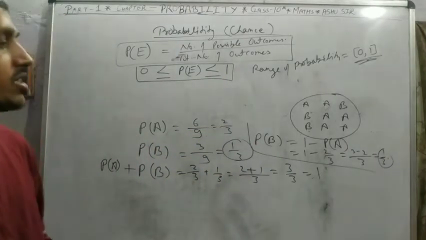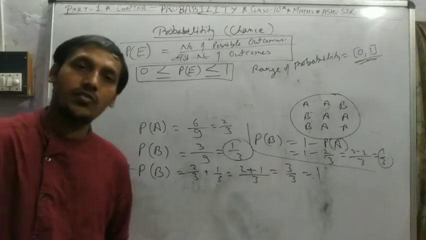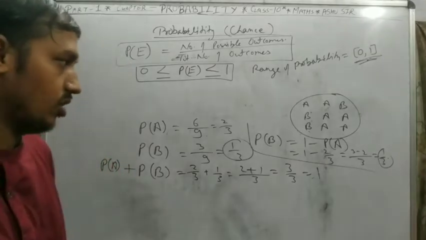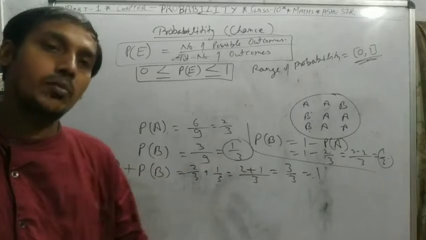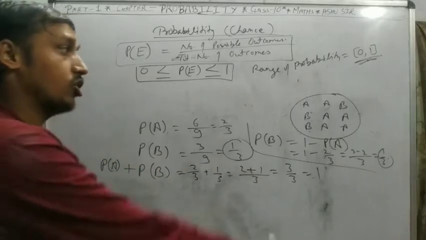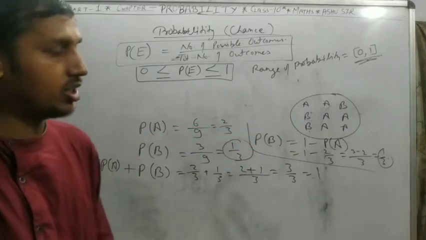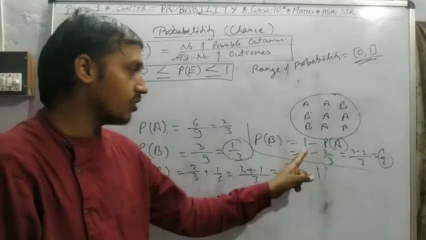That means if one probability is given and you want to find the other, and only 2 probabilities occur in this event, you can directly do 1 minus.